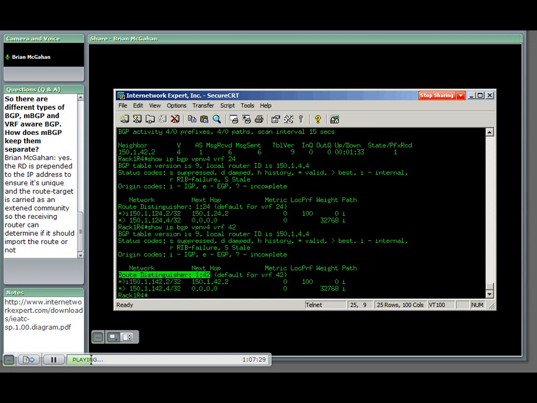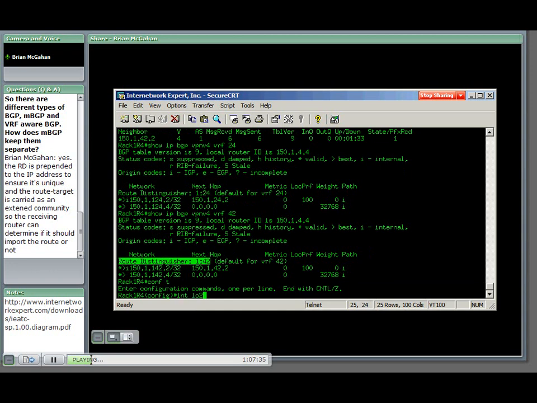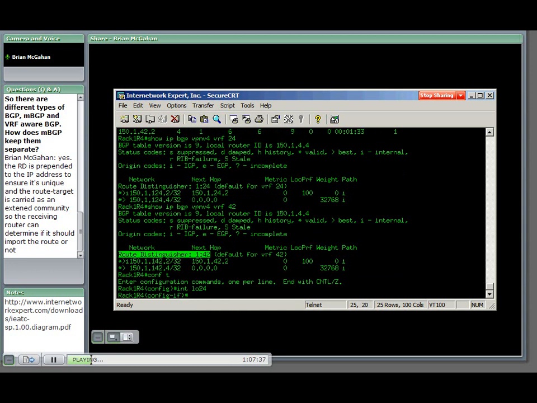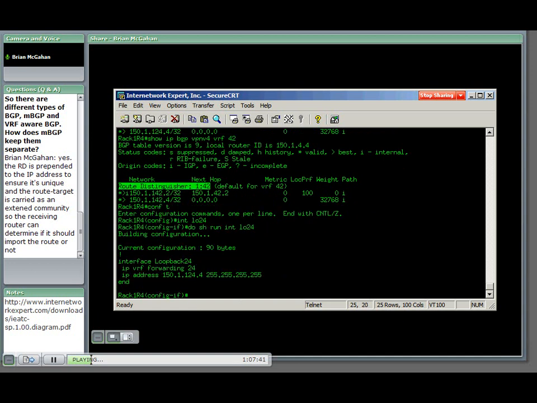But basically what's happening, even if we had overlapping updates inside BGP, okay, let's say on router 4 here, let's go to interface loopback 24. And if we show run interface loopback 24, we'll say our IP address here is going to be 150.1.142.4.